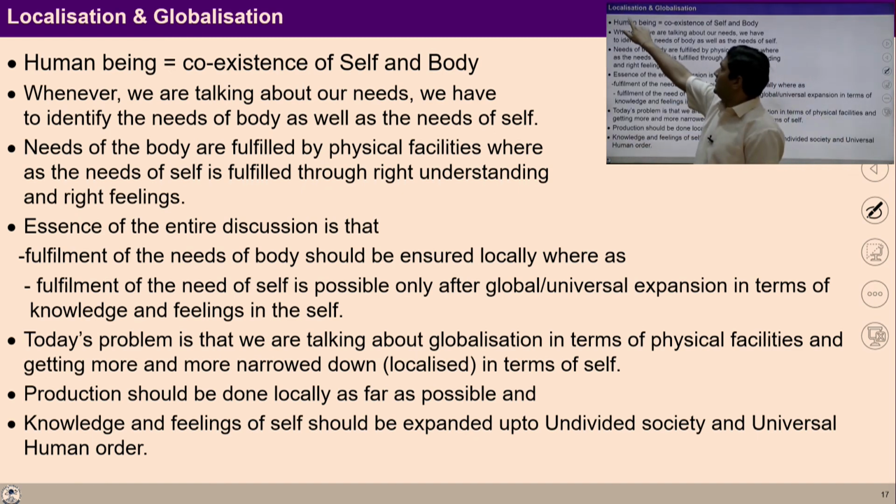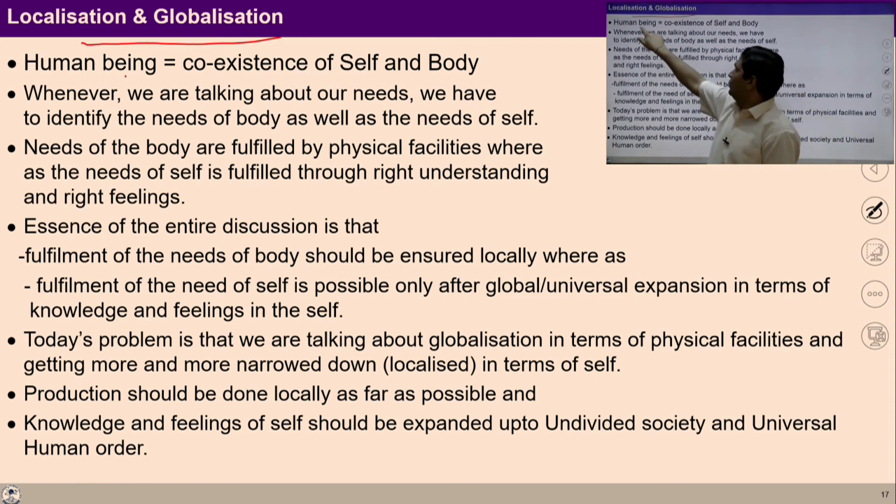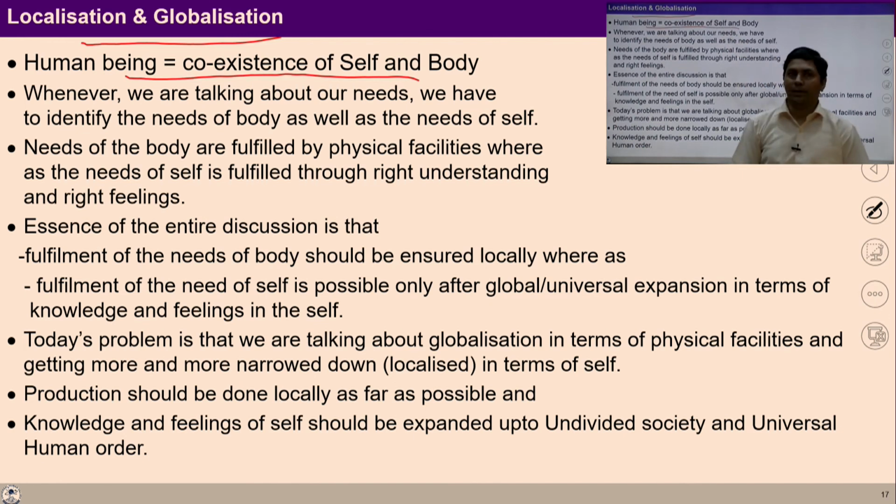The next important thing is localization and globalization. As we studied, a human being is a coexistence of self and body, and whenever we talk about the needs of a human being, we talk about the needs of the body and the needs of the self, both.